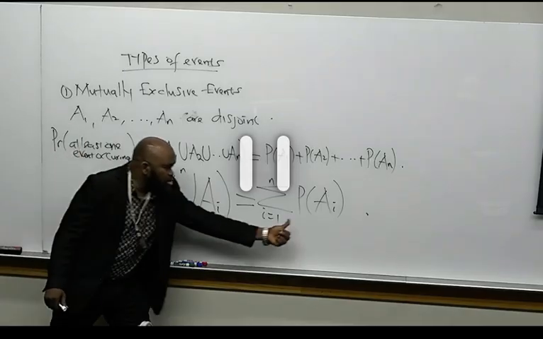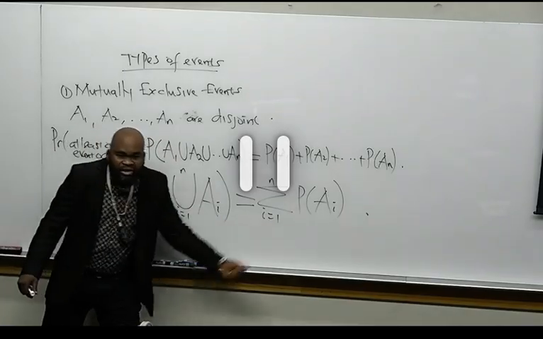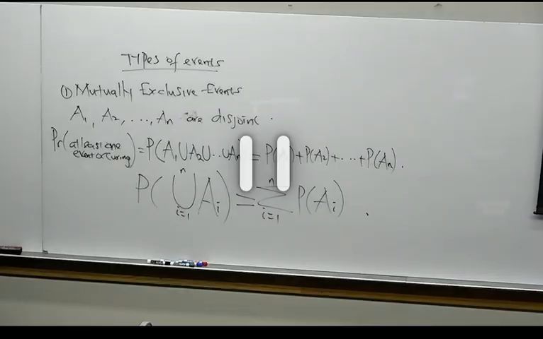So when you see this, we are trying to figure out the probability that at least one event will occur in a situation where events are disjoint.